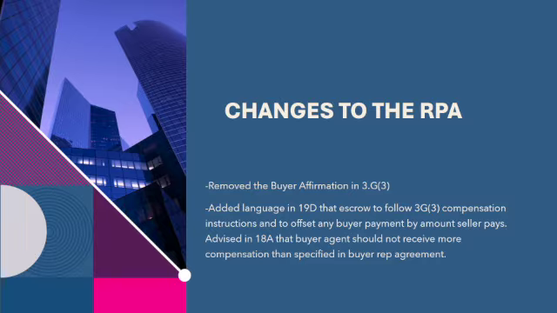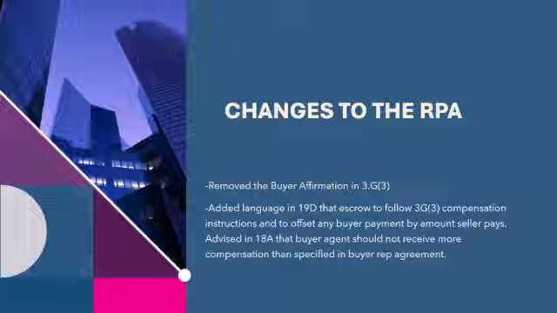The change to the RPA is they removed the buyer affirmation in 3G3, okay? I know there were a lot of questions in many different areas, not just here locally.